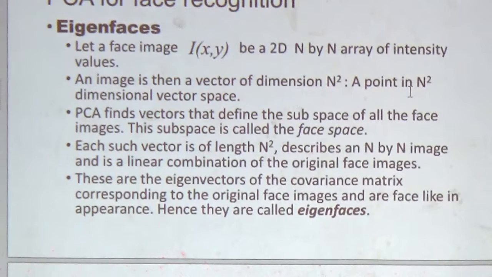How to visualize it? Suppose you have a face image I(x, y), and this is an n by n array of intensity values. So suppose you take a square picture, and that is one particular picture I(x, y).